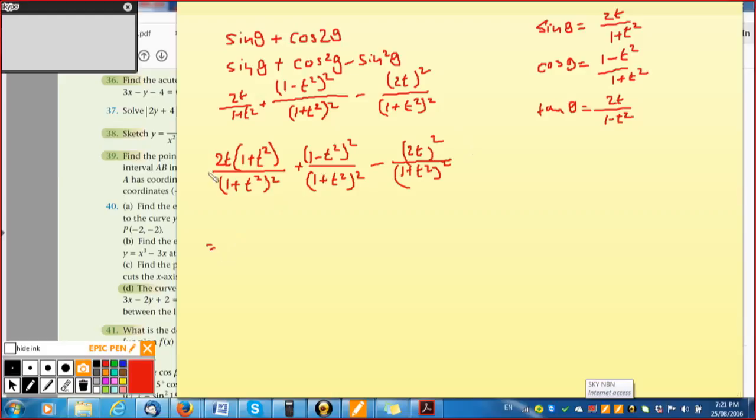So that ends up being 2t plus 2t cubed plus 1 minus 2t squared plus t to the power of 4 minus 4t squared, all over 1 plus t squared all squared.